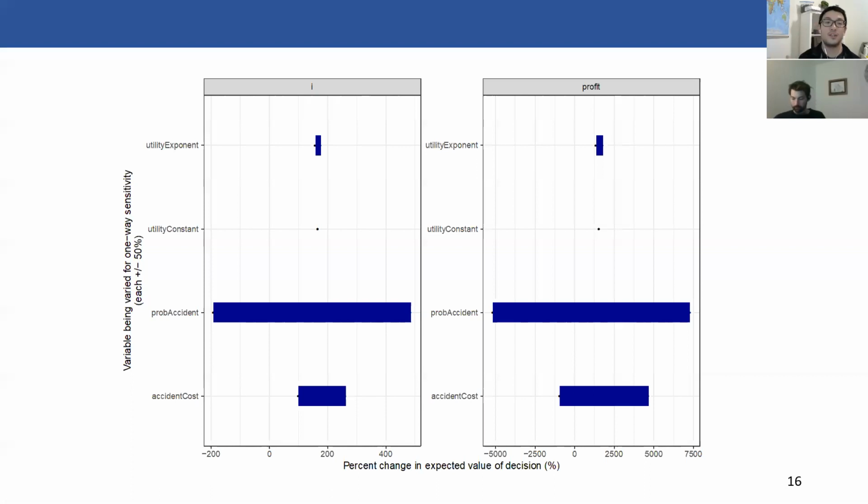You could imagine a world in which you have many different variables that all interact with each other in different ways and could lead to really nonlinear outcomes, in which case a one-way sensitivity may not be a really good representation of the uncertainty, particularly because uncertainty in multiple variables can lead to outcomes that aren't really nicely captured by these tornado diagrams, or even in the two-way sensitivity mapping.